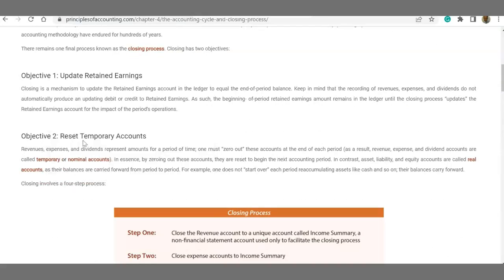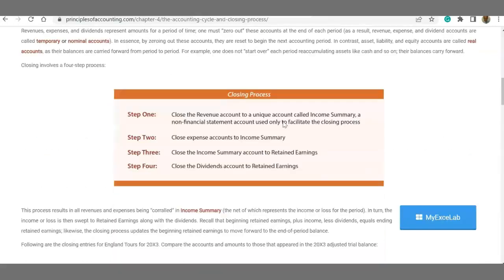So how do you reset those temporary accounts, so-called close them? There are a few ways to do it. Let's look at one. Step one says, close the revenue account to a unique account called income summary. This is a traditional way of closing.